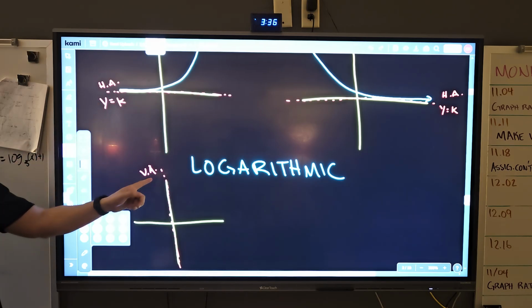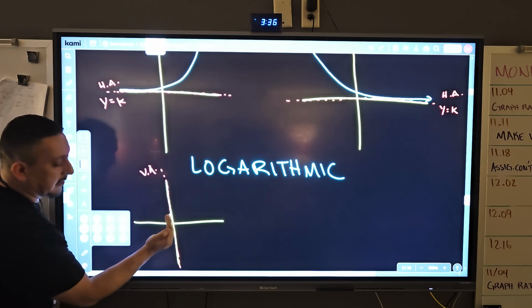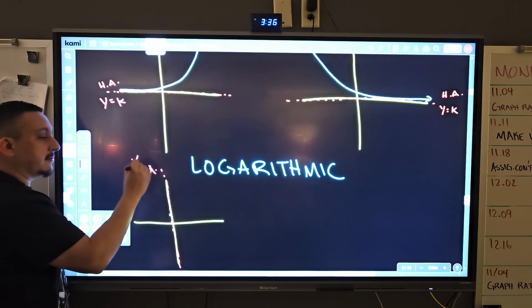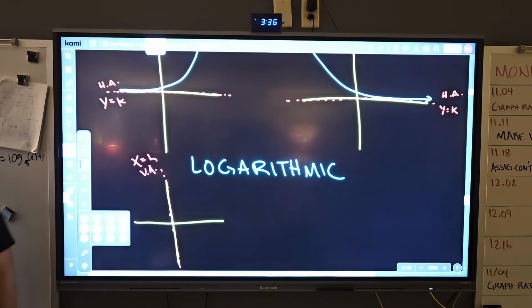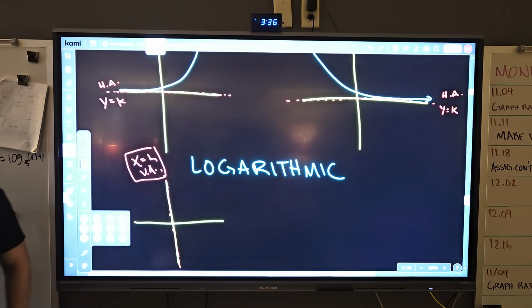So what do you think the VA equation is going to be? Not y equals, but x, right? Because if I scoot it over, it's just x. So x equals h. Well, that's a big deal, okay? I didn't introduce that right away, but it's the x. So it's just a big deal right here. Is the h. The h tells you the value of your asymptote.